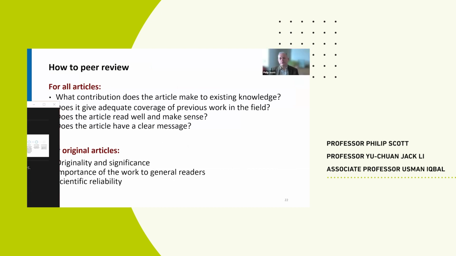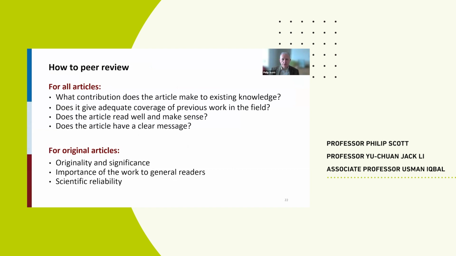So the question of how to peer review. The fundamental question is what contribution does this article make? Is it actually telling us something that we didn't know before? Therefore, you would need to have a reasonable understanding of what was known about this subject previously. So you're asking the question, does it give adequate coverage of previous work in the field? Now, obviously, none of our reviewers know absolutely everything about absolutely everything.